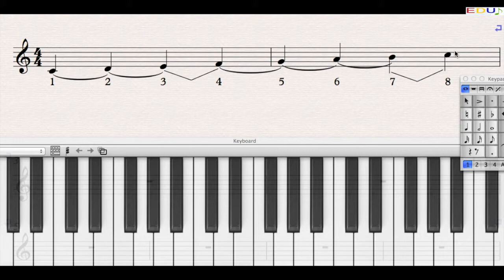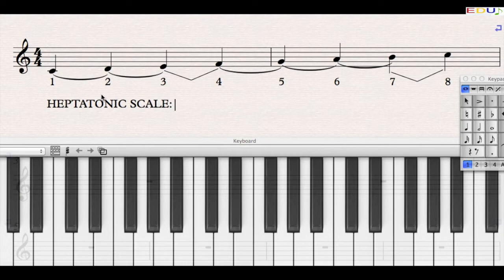The 8th one is a C again. So we have 7 steps in this scale. 7 in Greek is called hepta. And every scale that consists out of 7 tone steps is called a heptatonic scale.